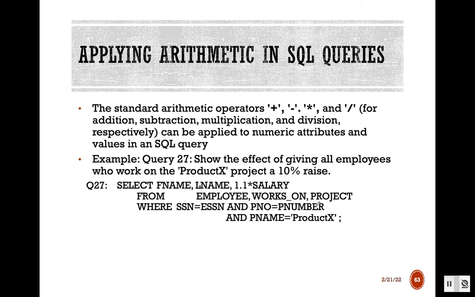All right. So we can also apply some arithmetic in SQL queries. For example, here we have an example. We want to show the effect of giving all employees who work on the ProductX project a 10% raise. We just want to see how it will look if we give the employees a 10% raise.